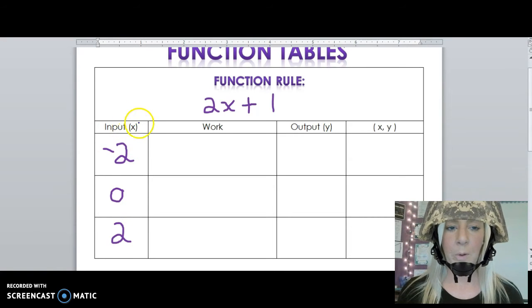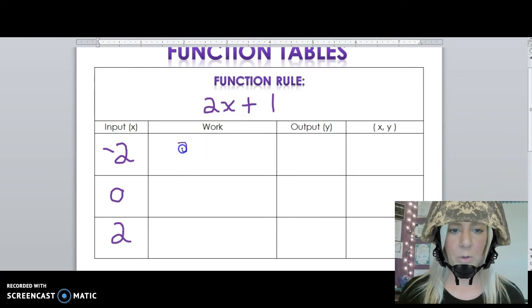So since my input is x, I'm going to plug in -2 for x. So 2 times -2. As a reminder, when a number and a variable are next to each other, it means multiplication.